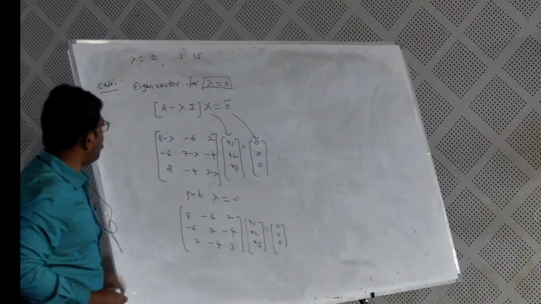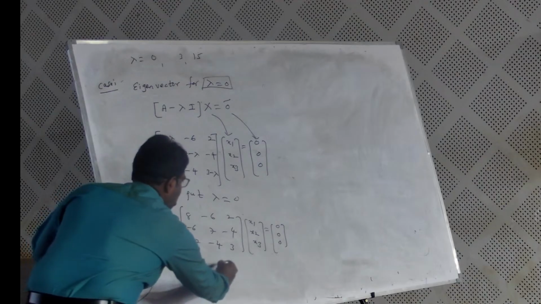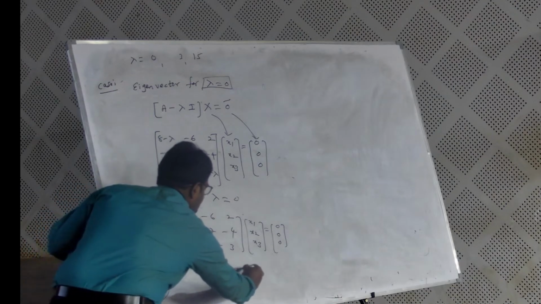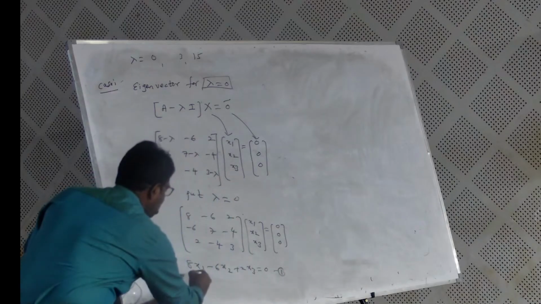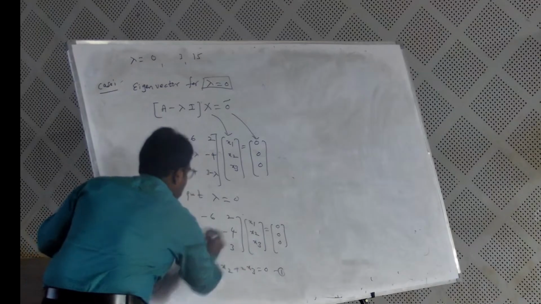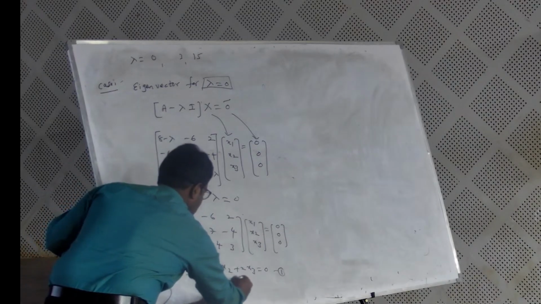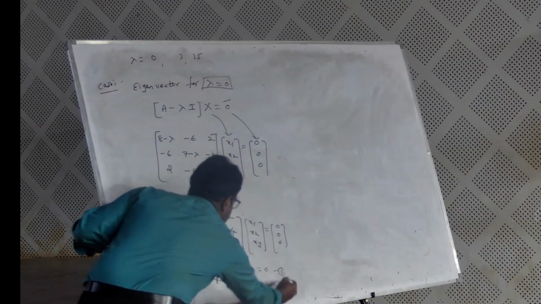What is the first equation here? First equation 8x1, plus, second equation minus 6x1, equal to 0.